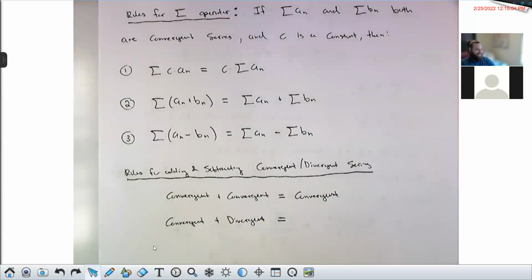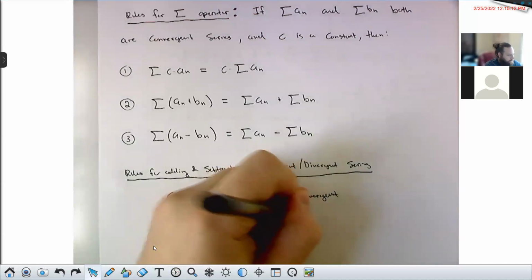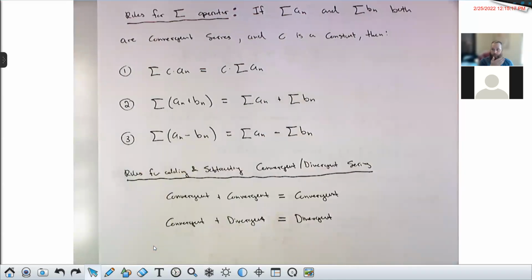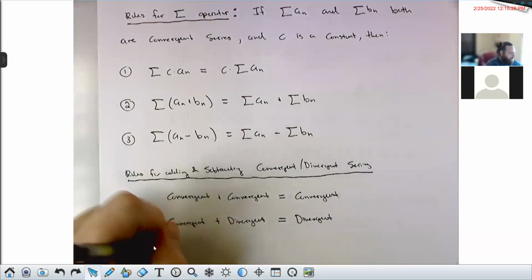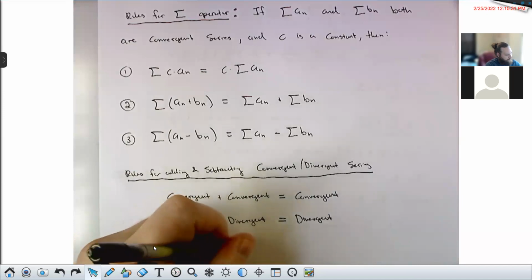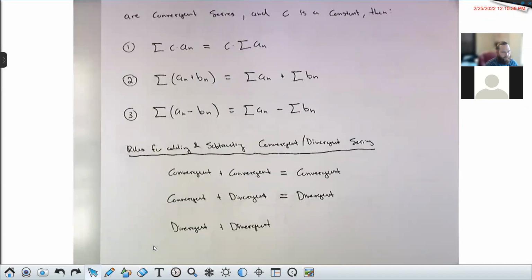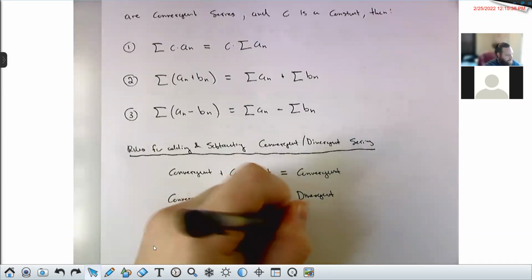So if I take a convergent series and I add it to a divergent series, I will get another divergent series. If you take something finite and you add it to something infinite, you're guaranteed to get something infinite. The fun one is if you add two divergent series. If you add a divergent series to a divergent series, this could go either way.